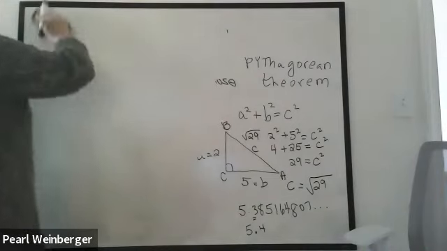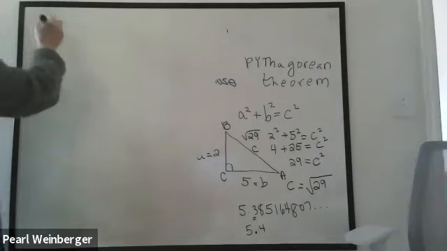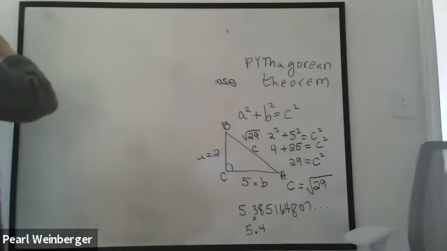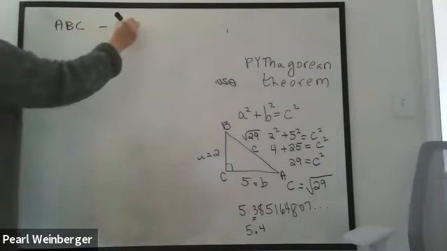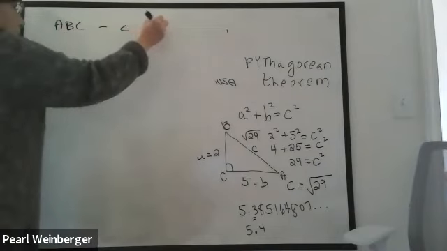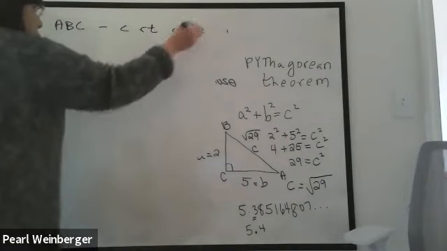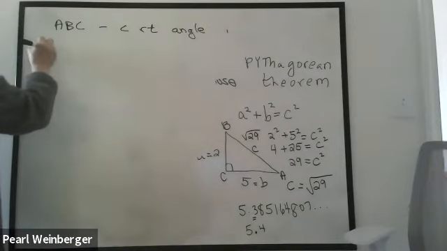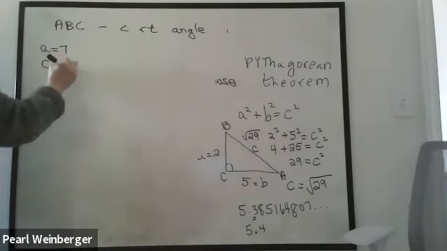I'm going to give you a little harder one because I'm not going to draw the picture. I have my right triangle ABC. And again, C is the right angle. So you can draw it. Small a is 7. And small c is 12.